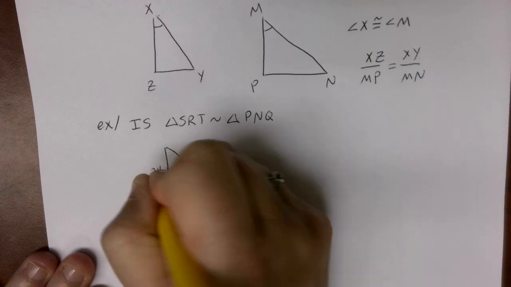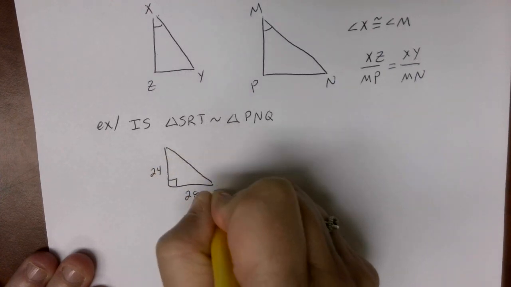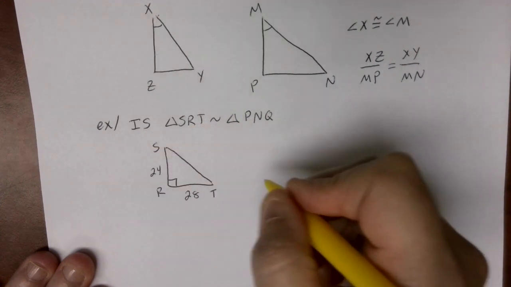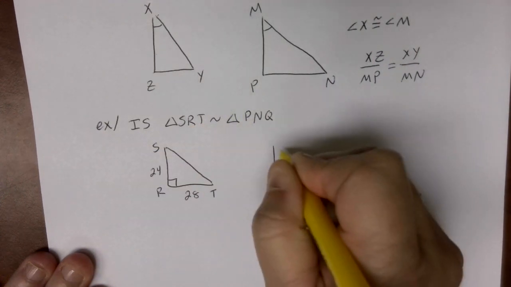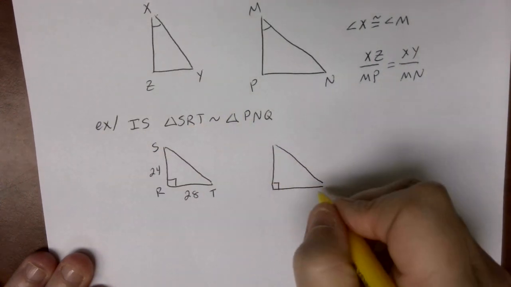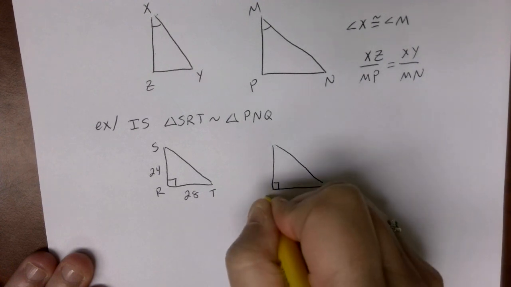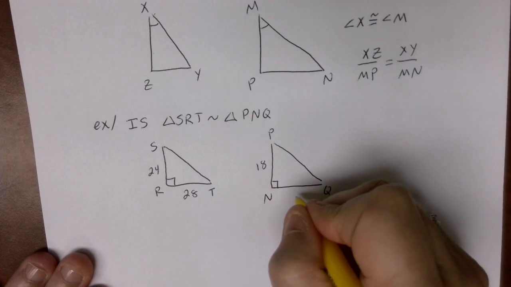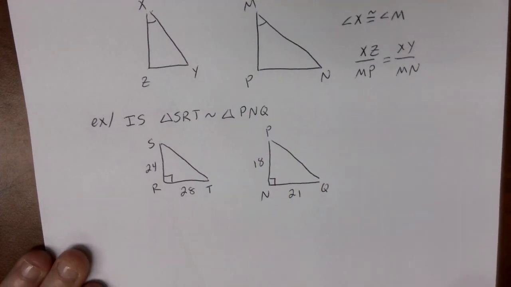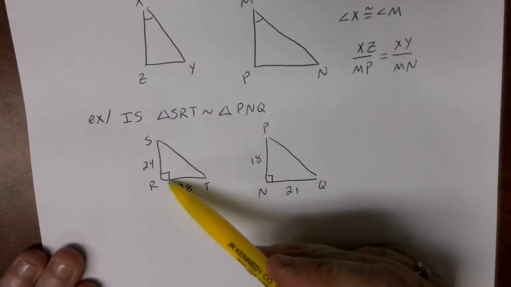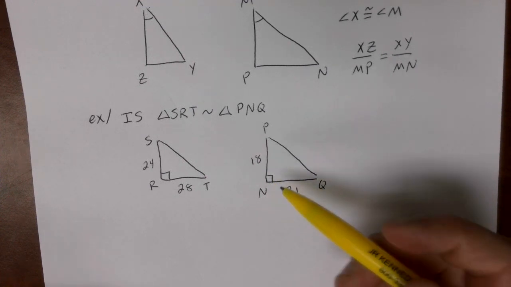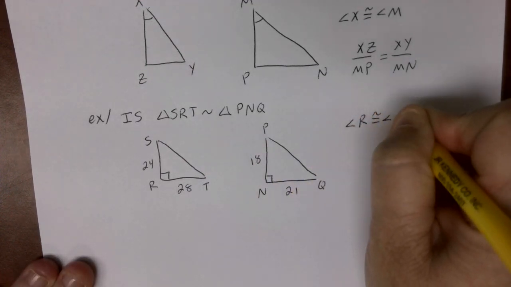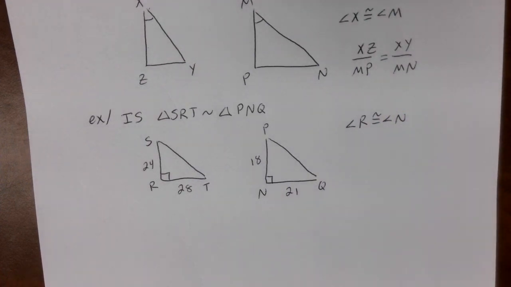So this is 24, 28, T, R, S. Let's see, Q and P. This is 18 and 21. All right, so first off, just by looking at this, I can see that they both have a right angle, so they have an angle in common. So angle R is congruent to angle N. Okay, so we have that portion of it.